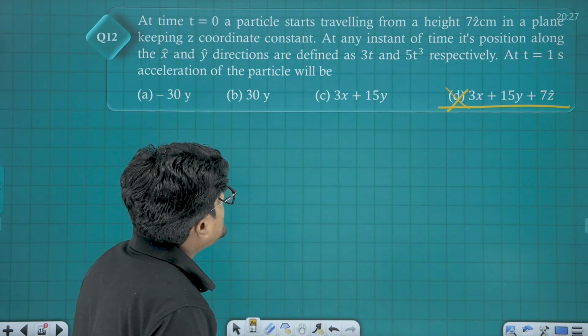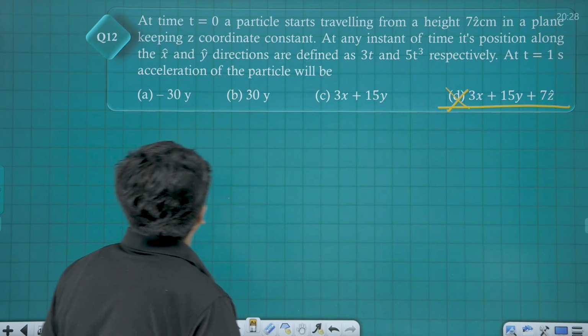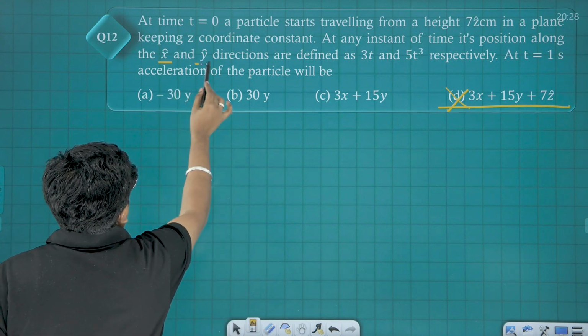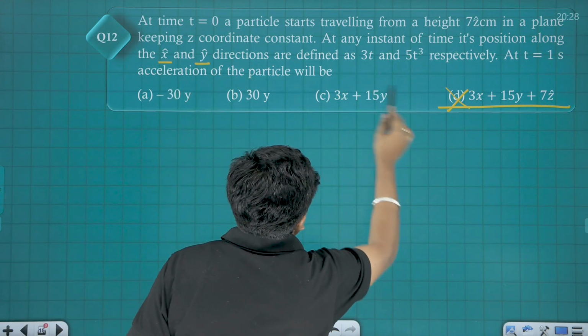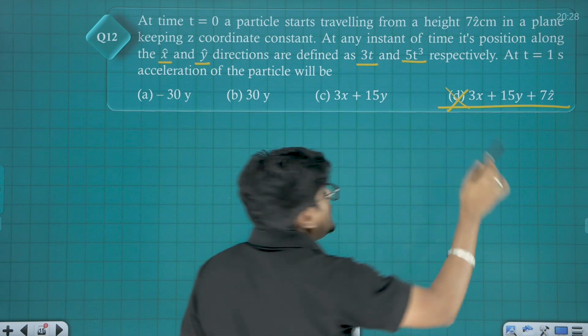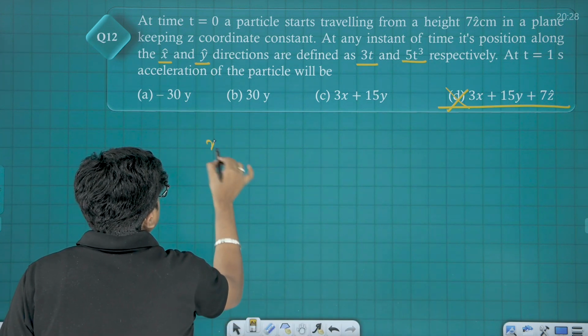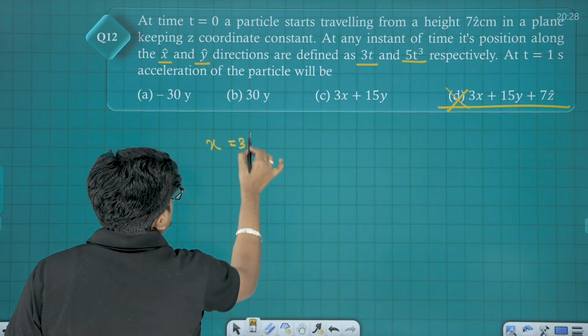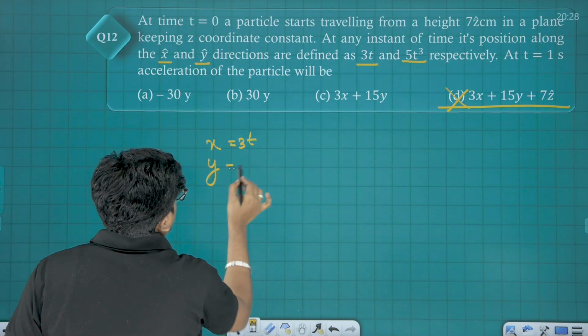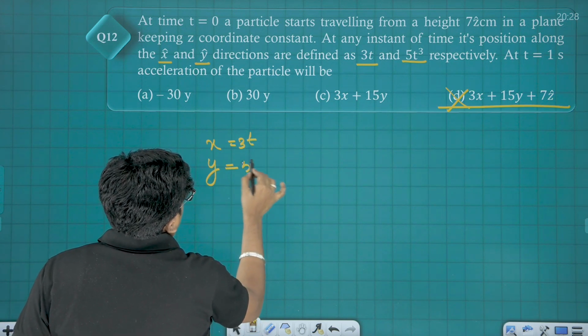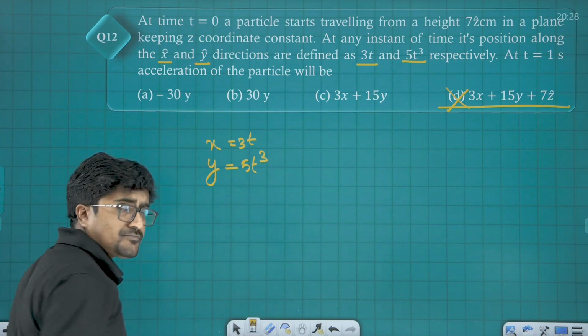Now, at any instant of time t, its position along x cap and y cap direction are given by 3t as well as 5t cube. That means position along x axis is given as 3 times t, and position along y axis is given as 5t cube.